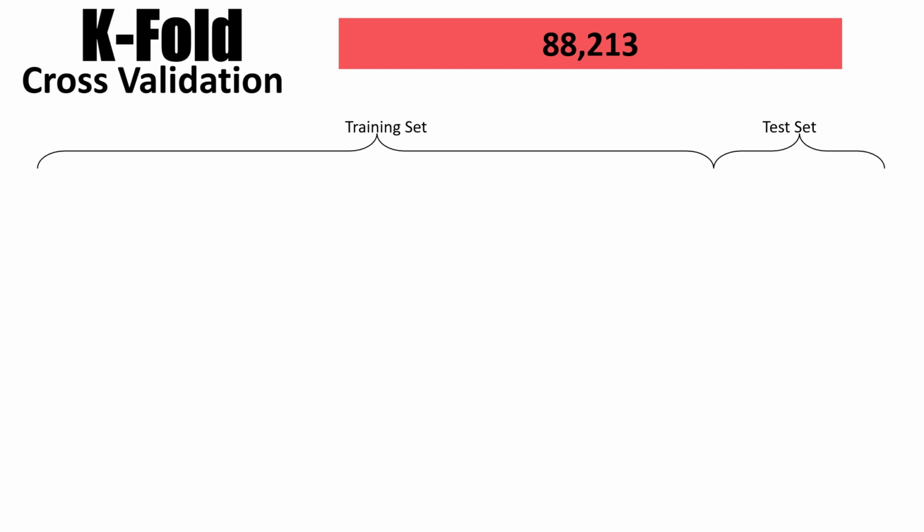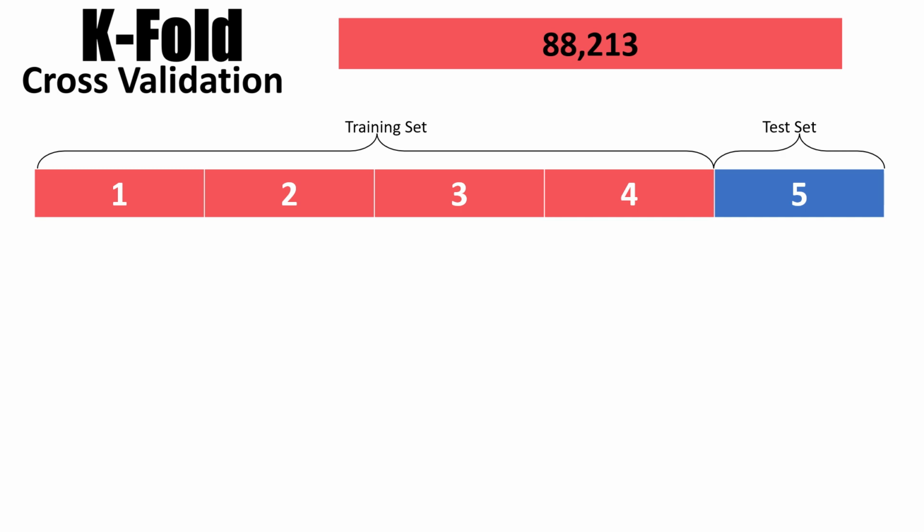So not exactly two parts, I am splitting my entire data into 5 segments. Let's say I split it into 5 segments. So the first 4 segments I'm going to utilize as training set, and the last one I'm going to utilize as test set, right? This is the first iteration.